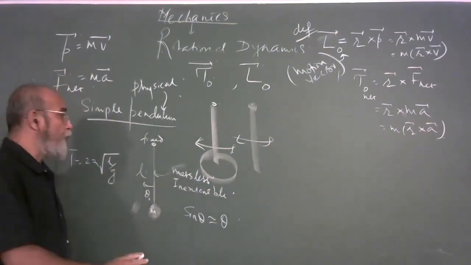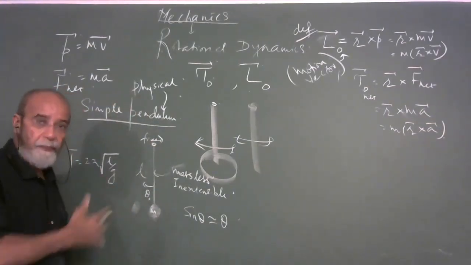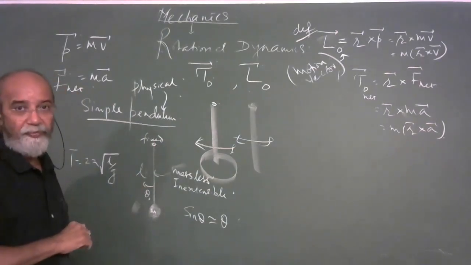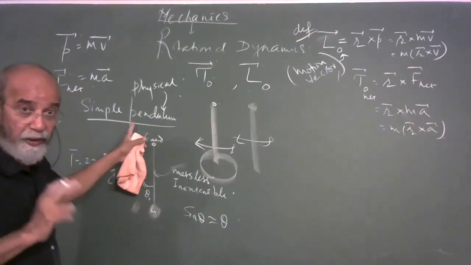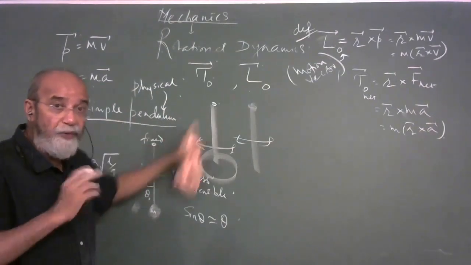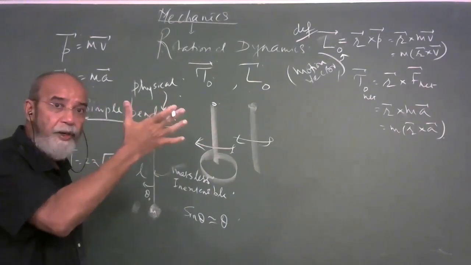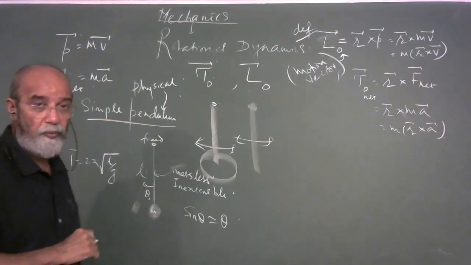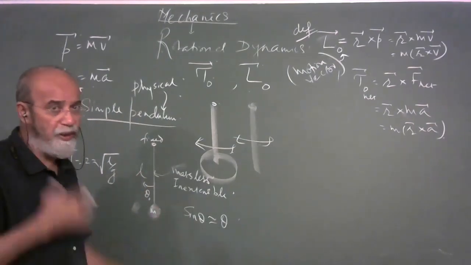The pendulum you constructed was a theoretical, simple pendulum, to study oscillations. We will study oscillations with the simple one, then shift to physical pendulums when we come to the last chapter of mechanics, which is vibrations and oscillations. That time I will discuss all this again and again.